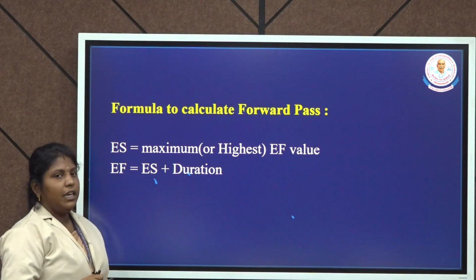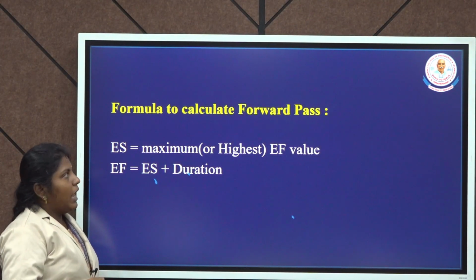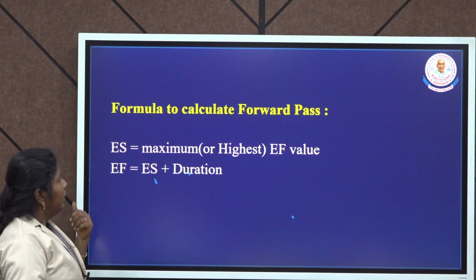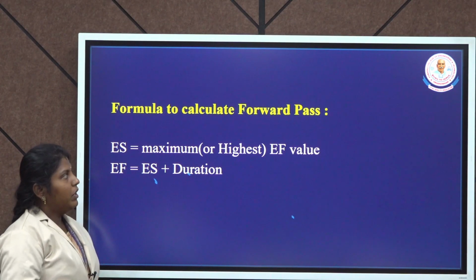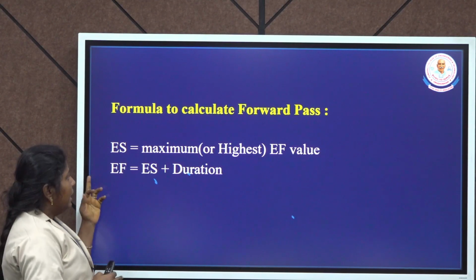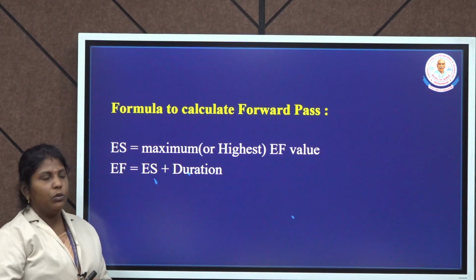Now, let us see the formula to calculate the forward pass technique. So, here ES, EF, because by using the forward pass technique we can only calculate the early start and early finish value. Okay.